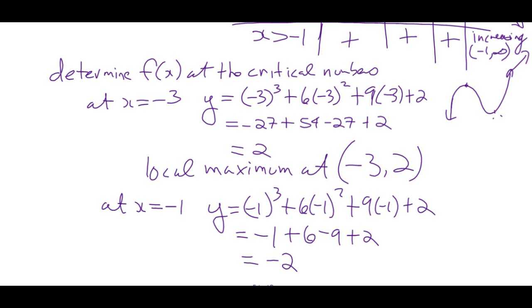And what have we done here? Well, we've gone from a decreasing slope to an increasing slope. That's a minimum. So we have a local minimum at (-1, -2).